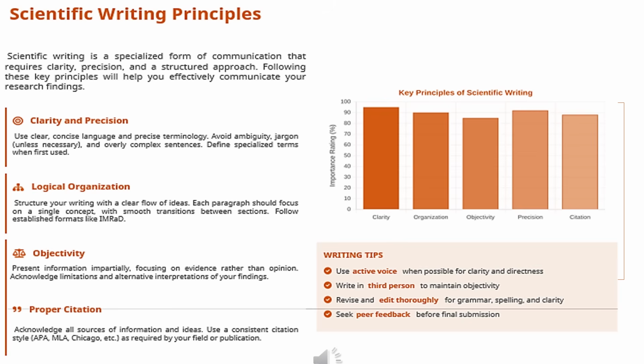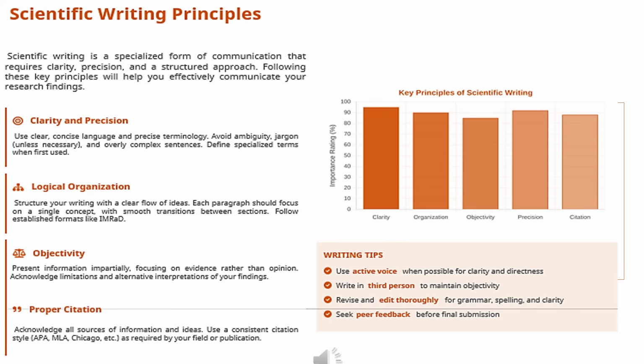Then finally, we have proper citation, which is very essential for acknowledging sources, avoiding plagiarism, and allowing readers to verify your information. You adhere to these principles to ensure that your research is credible and impactful.